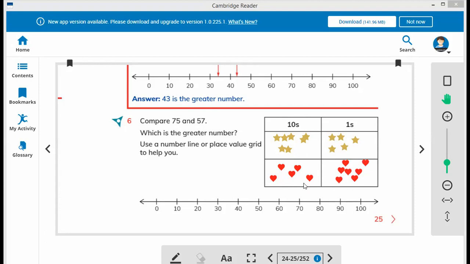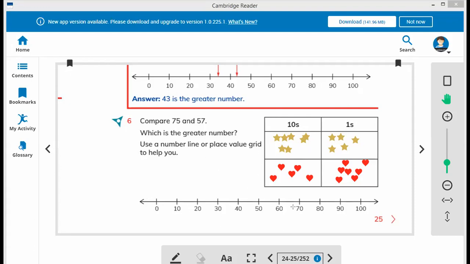So first of all, I told you when we are looking at the number, first of all, we see the tens. 7 in 75 we have 7 stars, means 7 tens, but in 57 we have 5 hearts, means 5 tens. So 75 is greater than 57.